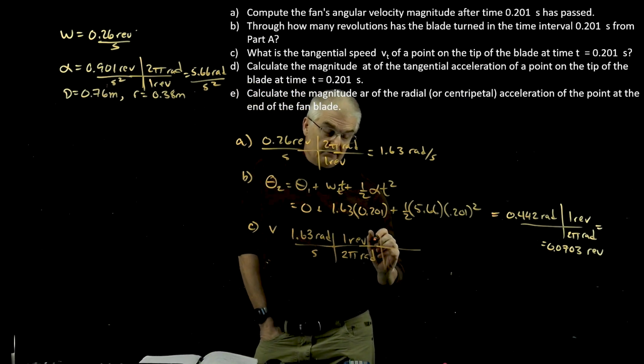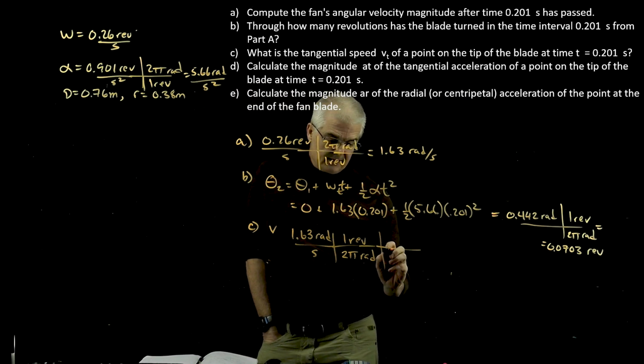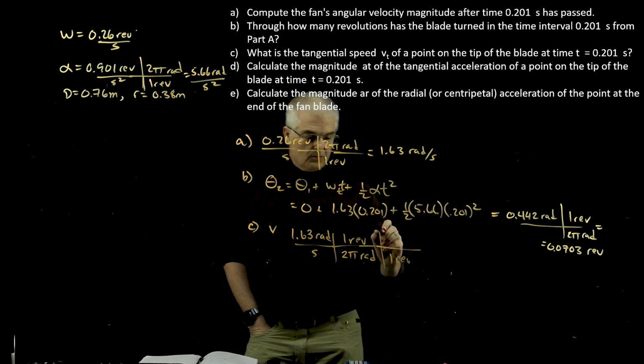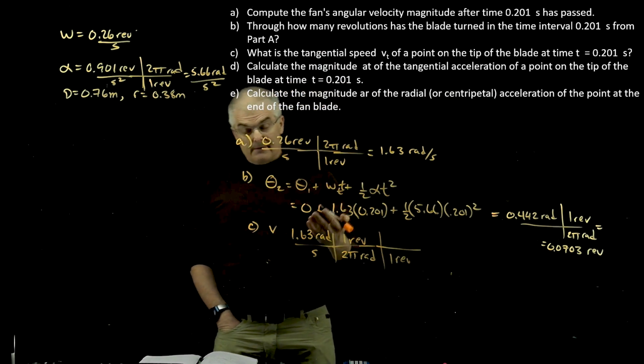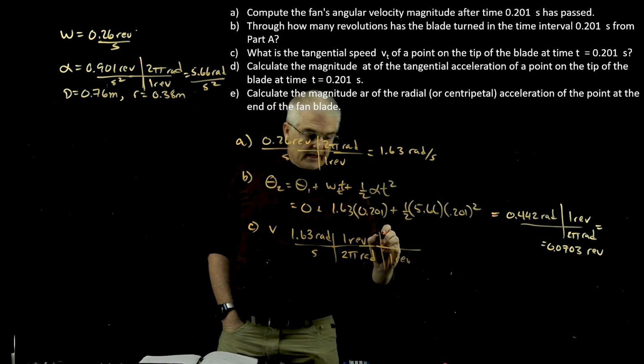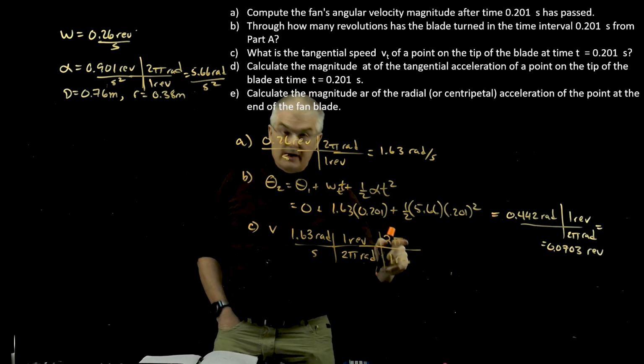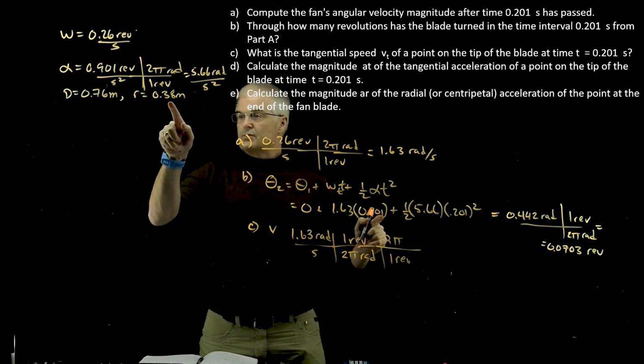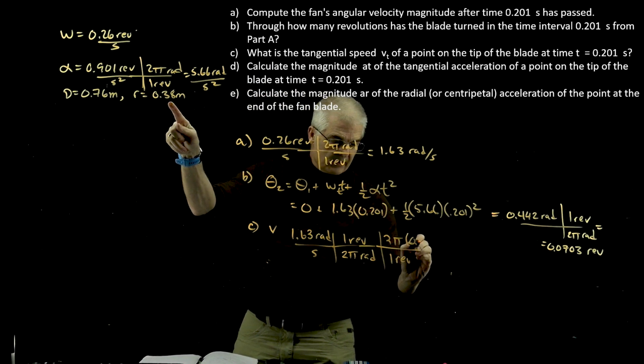But then I want to convert to the tangential. I can then say that 1 revolution, so a complete circle, would be equal to, remember the circumference of a circle is 2 pi r, so that'll be equal to 2 pi times the radius, and we knew the radius was right here, 0.38.